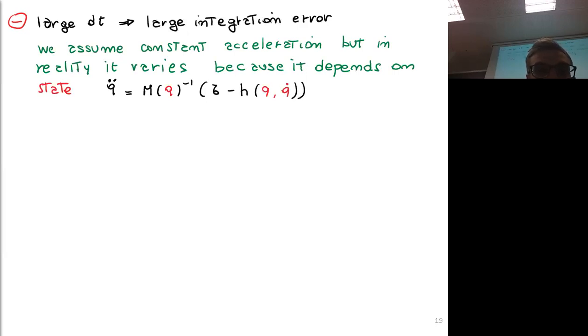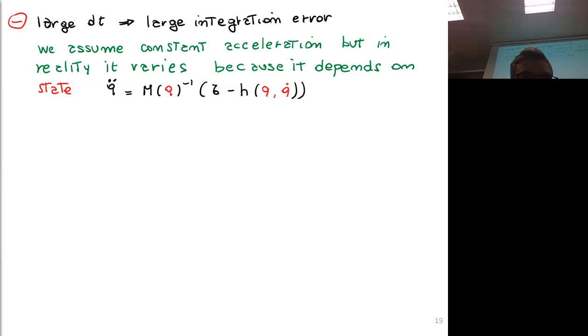This error is due to the fact that we assume that the acceleration is constant during the integration step, while in reality, it varies because it depends both on the inertia matrix, that is position dependent, and on the Coriolis and centrifugal terms that are both position and velocity dependent. So q and q dot do change during the integration step.